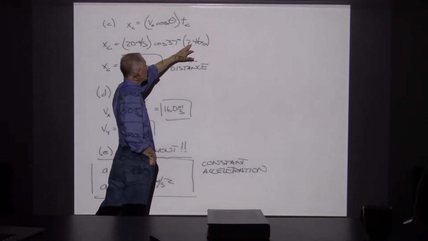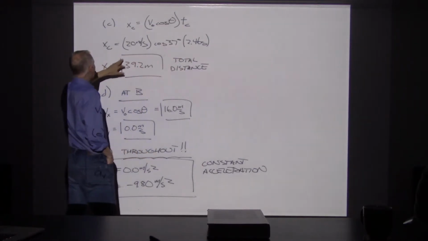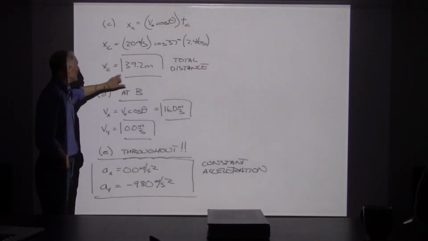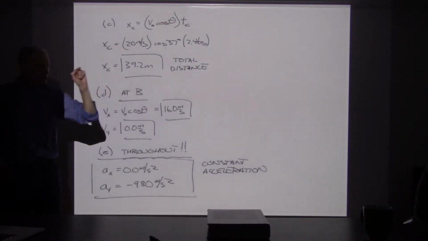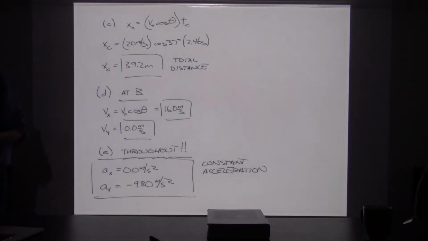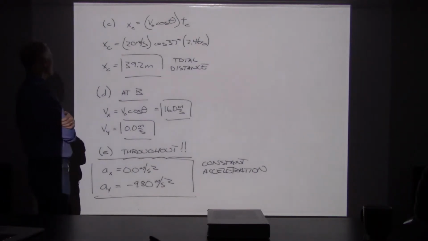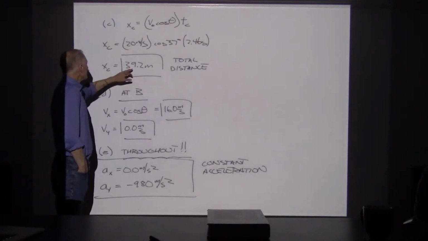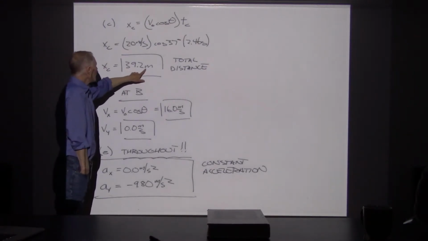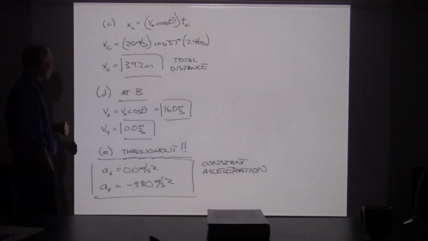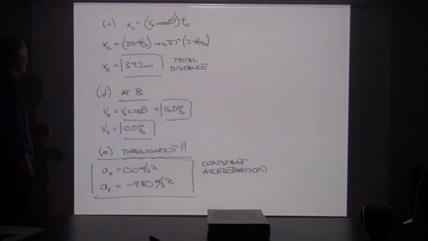I can plug in the full 2.46 seconds, and it says that after 2.46 seconds, we should have traveled in the x direction, the downrange direction, 39.2 meters. So 39.2 meters, that's going to be more than 40 yards. So it's better than a 40-yard punt, or not a punt, it's a kickoff. That doesn't seem very good then, right? Probably not NFL kind of stuff. So 39.2 meters downrange where this is landing.